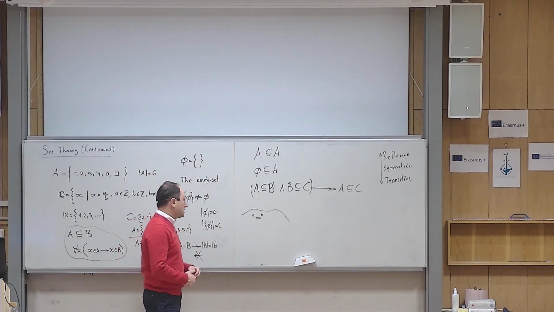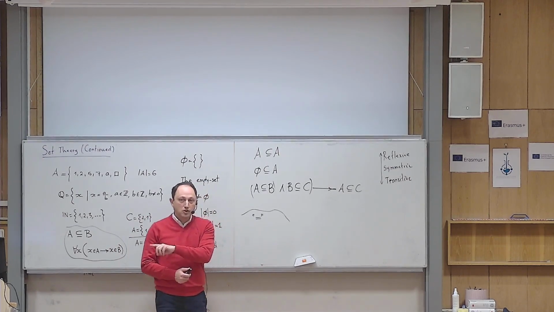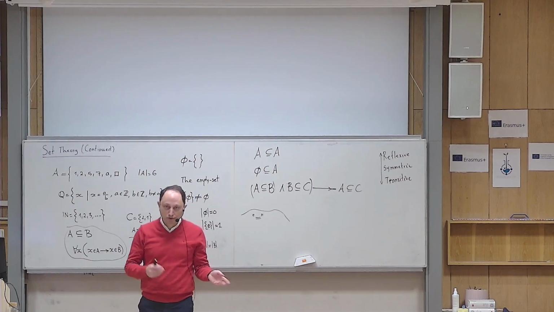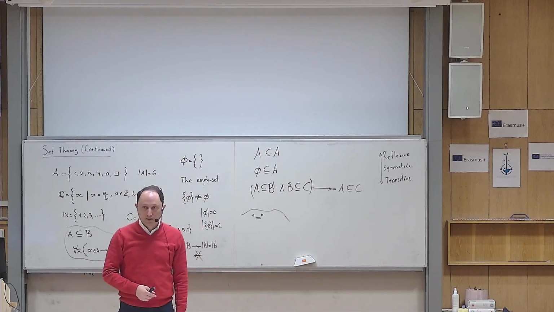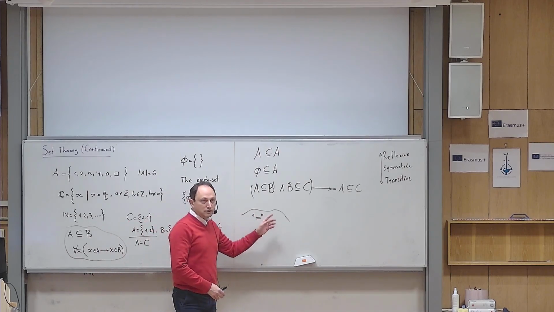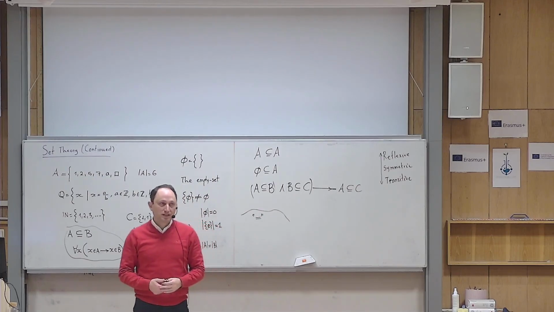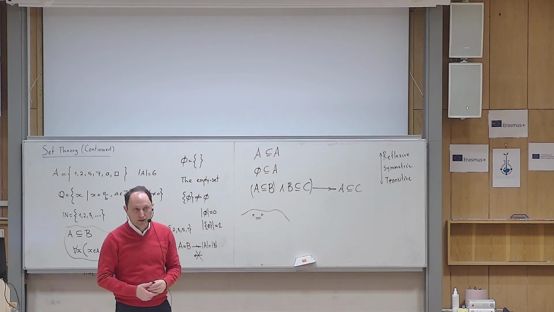Symmetry means if a number is related to another number, then that number is also related to the first number using the same relation. In other words, if A is equal to B, is it guaranteed that B is also equal to A? Yes, so we say equality is also symmetric.